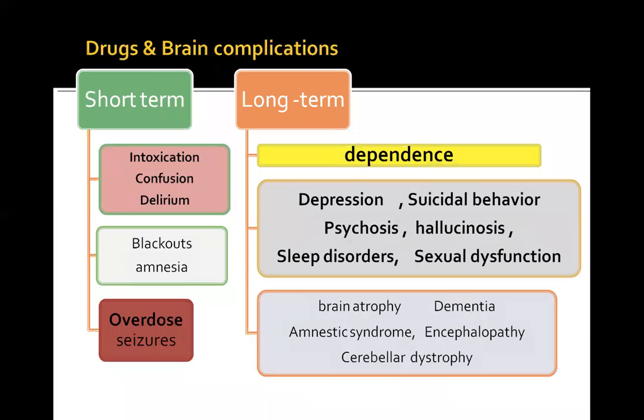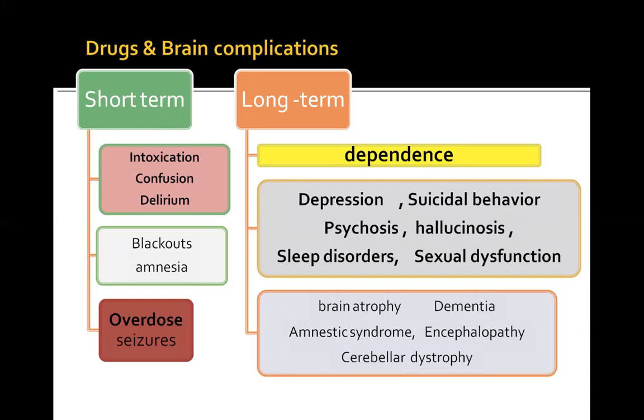Drug and brain complications, short term and long term. The short term: intoxication, confusion, delirium, blackouts, amnesia, overdose, then seizure. Long term, they produce dependence, depression, suicidal behavior, psychosis, hallucinosis, sleep disorders, then sexual dysfunction.